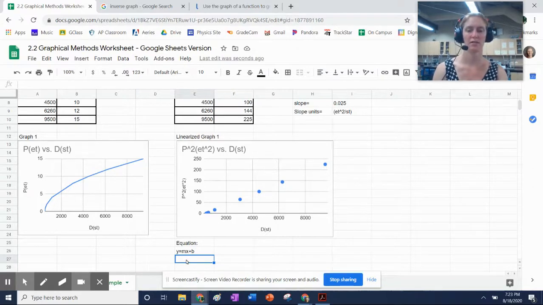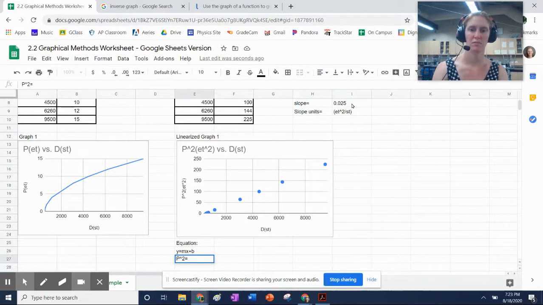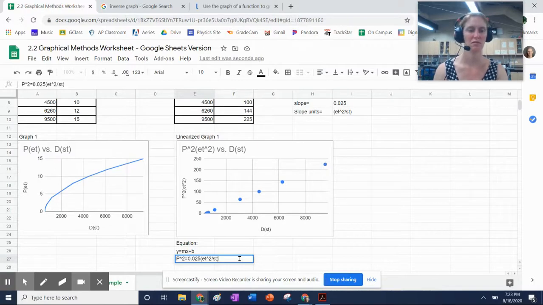So for my y-axis, instead of y, I'm going to put p squared equals my slope, which in this case I just figured out was 0.025, and I had units. These were my units that I found for that. So every time you have a number, you have to have units.